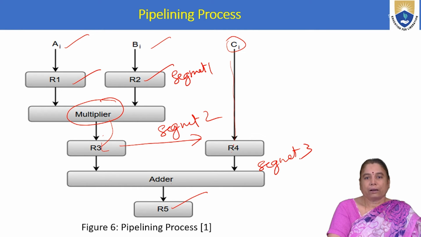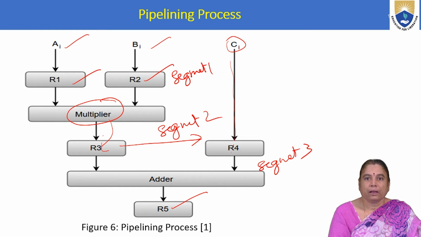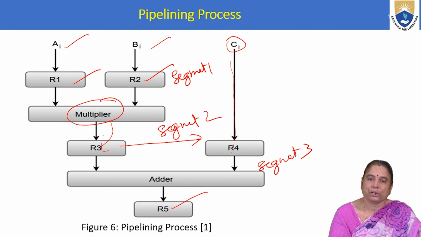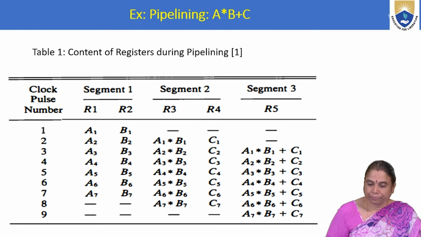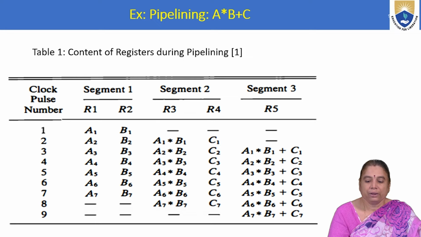So the computational task can be segregated into segments and each segment can be carried out with the help of one or two registers and a combinational circuit. And during the clock pulses, how the operations are performed is defined and can be illustrated with the timing diagram.